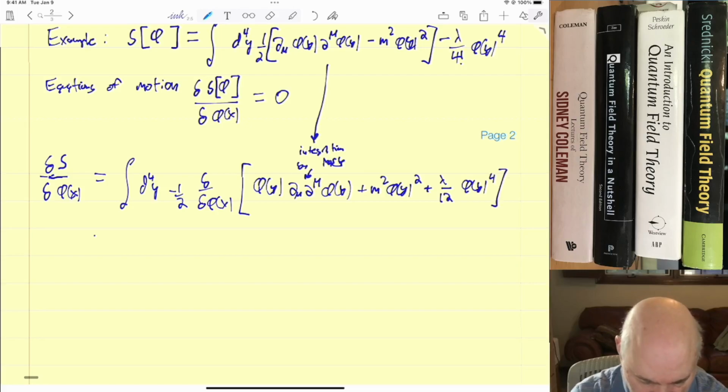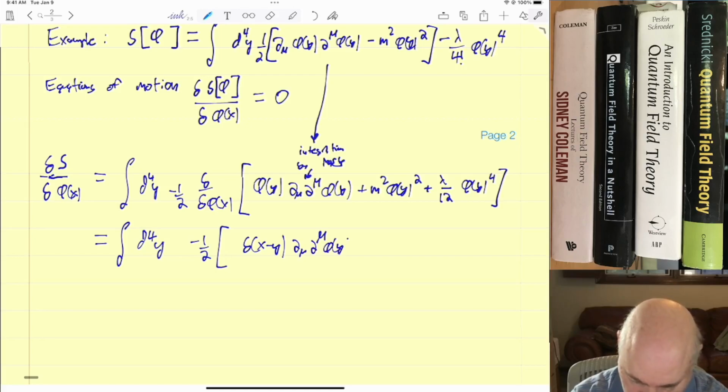And now, basically, it's easier to just apply the functional derivative right to that term using the formula that I gave before, minus 1/2. Now I get delta x minus y, partial mu phi of y. And now, of course, there's another phi. You could imagine, for this one, reversing both the partial derivatives, you'll get 2 of them.